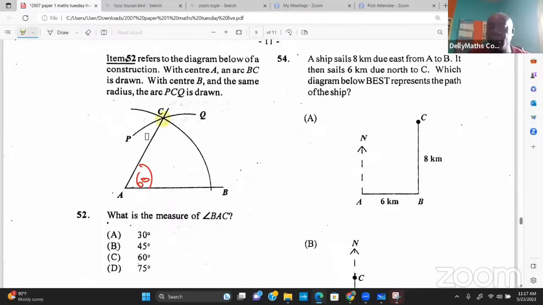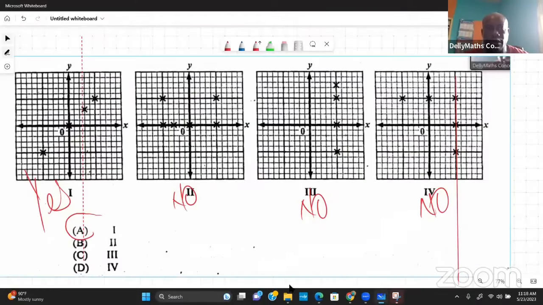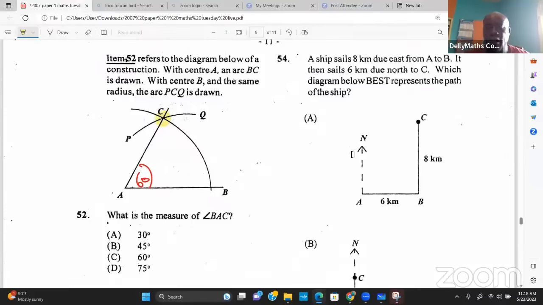All the time they'll give this, if they're going to give it. Sorry about that. 52 says, what is the measure of angle BAC? Oh, we just did that. All right. My bad. 60 degrees, right?